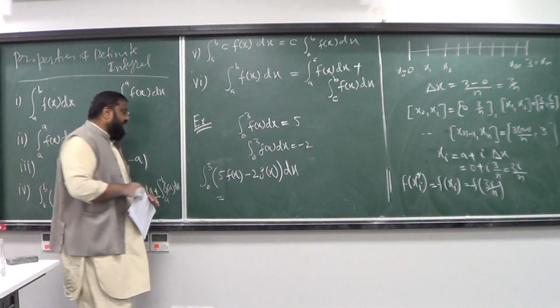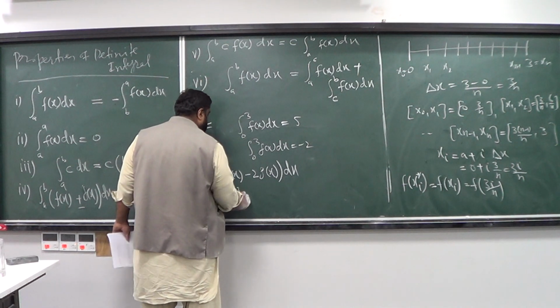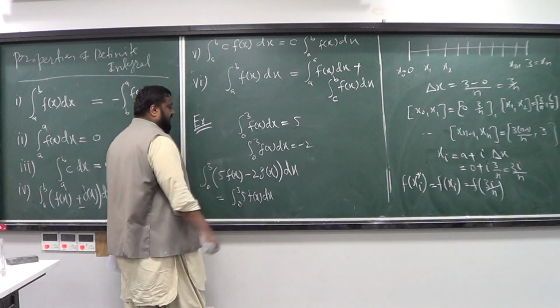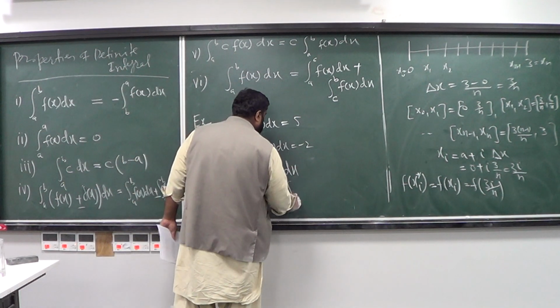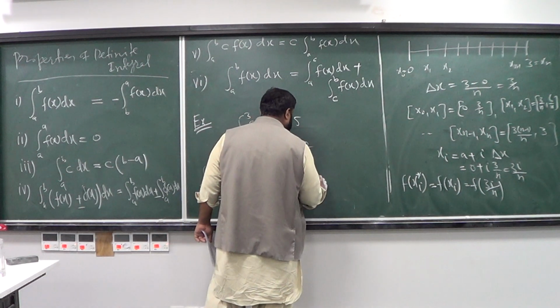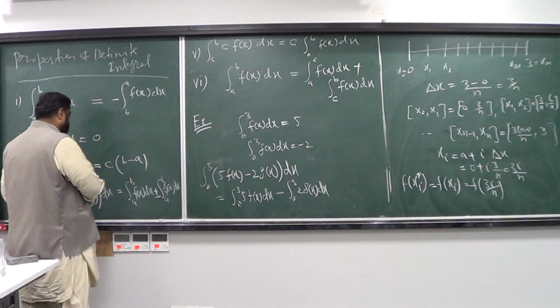So I can write this as the integral from 0 to 3 of 5 times f of x dx minus the integral from 0 to 3 of 2 times g of x dx. So this is what I get if I apply the first property.